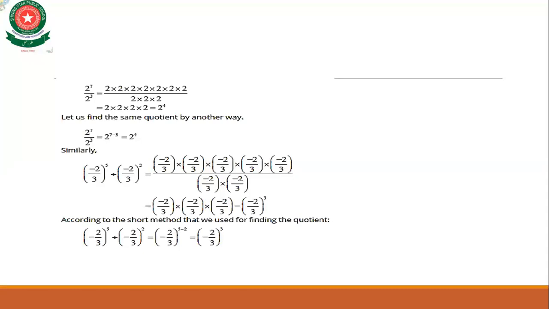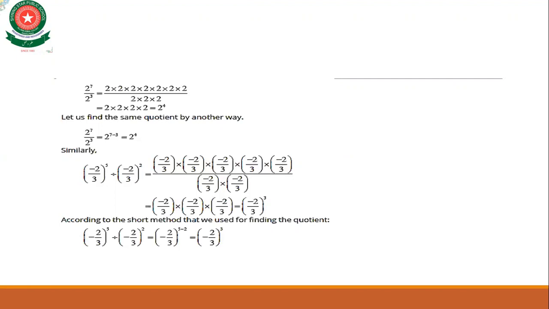So by writing this, after that, we just cancel out the 2s in the numerator and denominator. 2 multiplied by 2 multiplied by 2 in the numerator and 2 multiplied by 2 multiplied by 2 in the denominator have been cancelled. Then the remaining are 2 multiplied by 2 multiplied by 2 multiplied by 2, which is equal to 2 power 4.